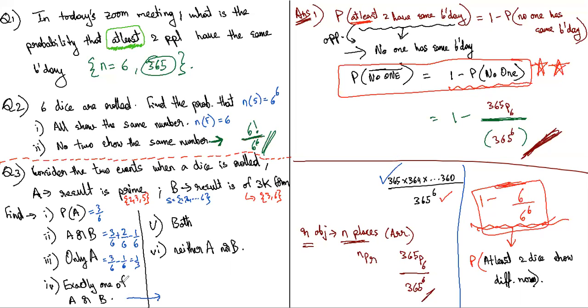How? We'll take only A plus only B, and that will be the answer. These are two mutually exclusive sets. If they're mutually exclusive sets, what can we do?